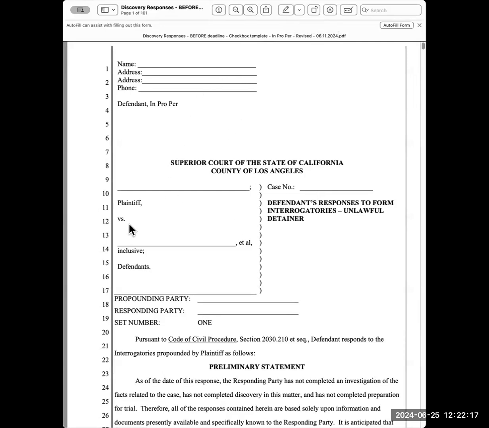And sometimes there's more than one named occupant in the unlawful detainer case. And if there's more than one, however many there are, whoever answers the complaint is also typically going to receive discovery requests.